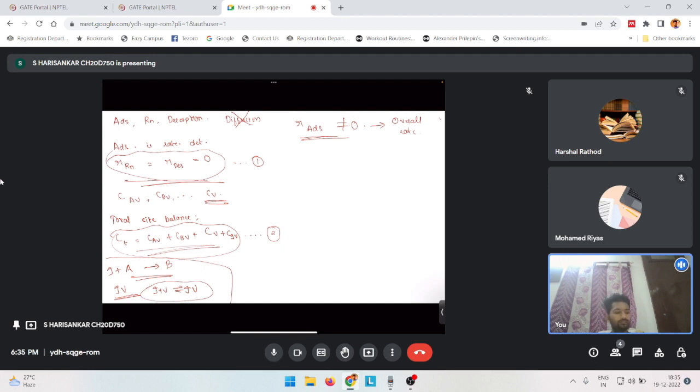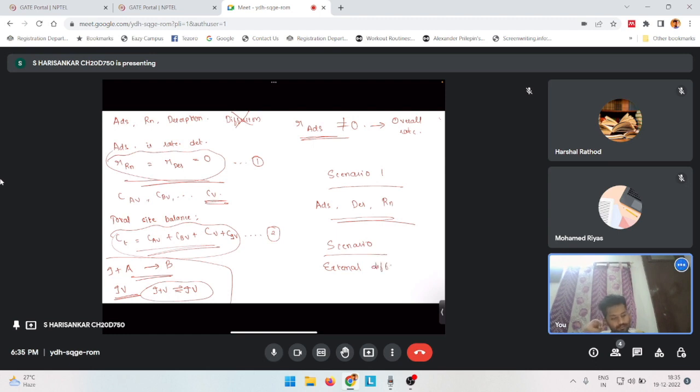So this is basically the gist of scenario 1, where any of adsorption, desorption, and reaction can be rate limiting. Now scenario 2 is where external diffusion can also be rate limiting.